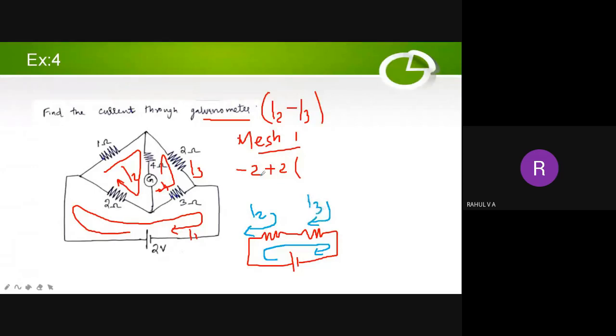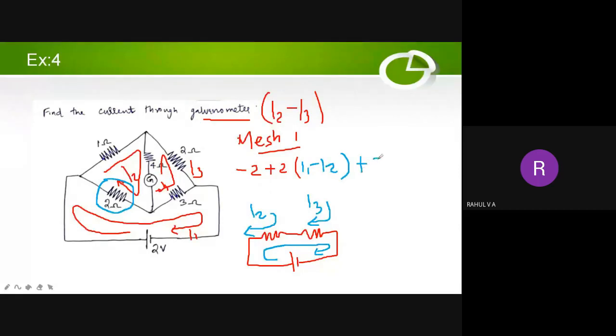So when you are finding the voltage across the 2 ohm resistor, it should be 2 into the current term. There are two current components, I1 and I2, both flowing opposite ways. So just take I1 minus I2. That is enough.